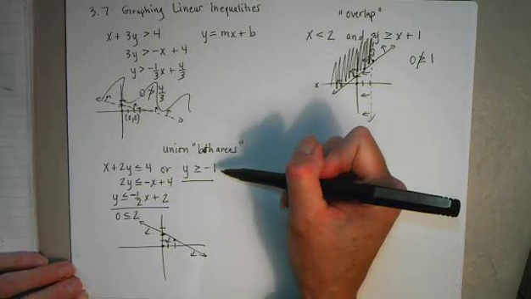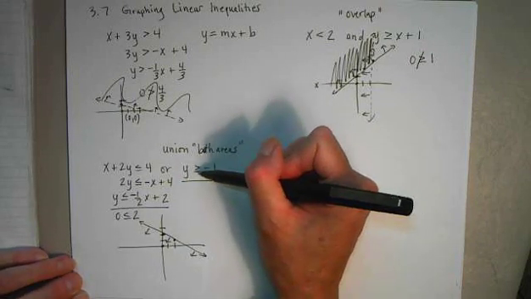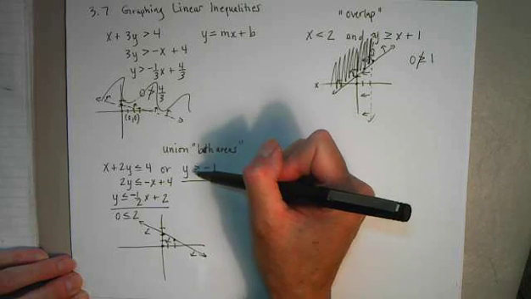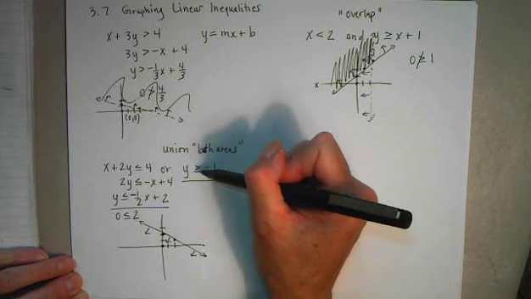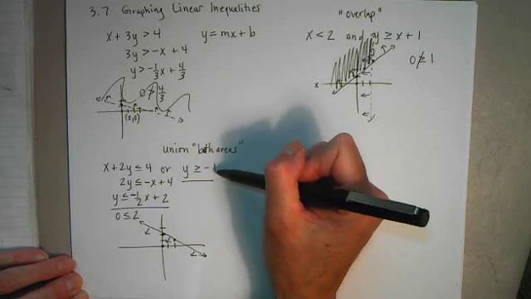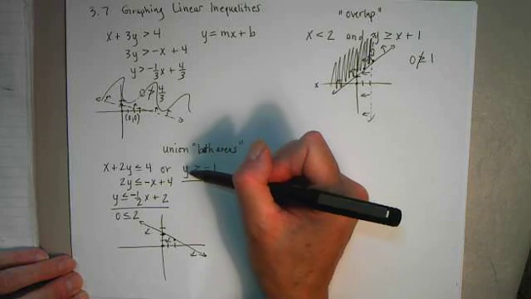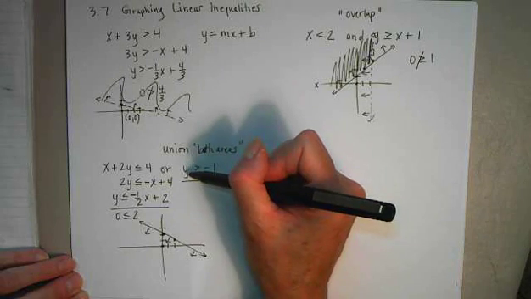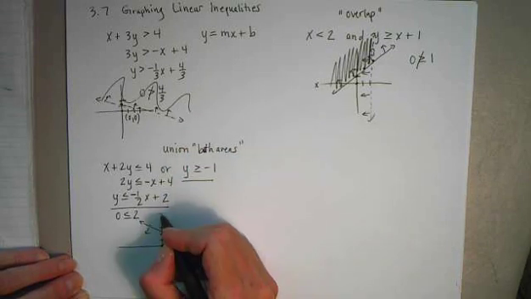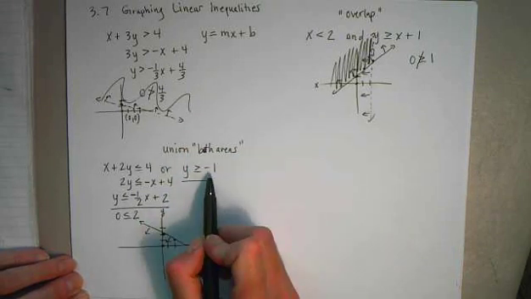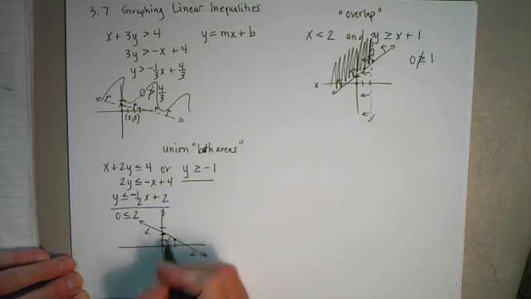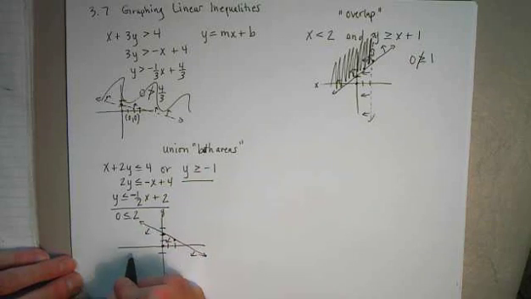Now, good review here. y is greater than or equal to negative 1. Pretend it's an equal sign. If it were y equals negative 1, you would know this is vertical or horizontal because there's only x or y. And since it's y equals, it will cross the y-axis at the number. So at negative 1, we cross the y-axis.